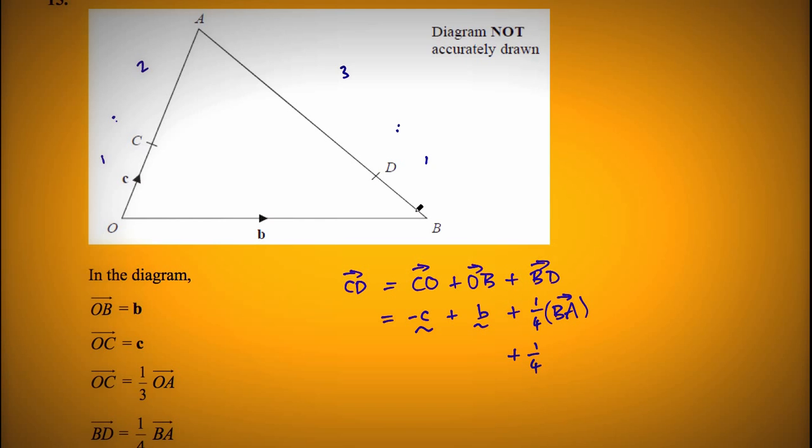BA is the same as B to O plus O to A. So that is a quarter of, well, BO is minus B, and OA is 3 lots of C, 3 lots of OC, which is 3C.